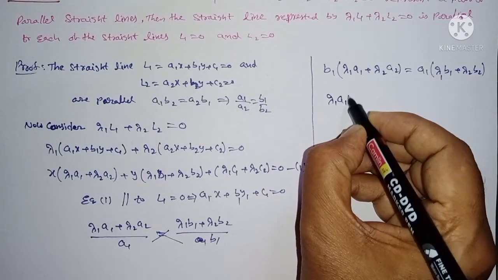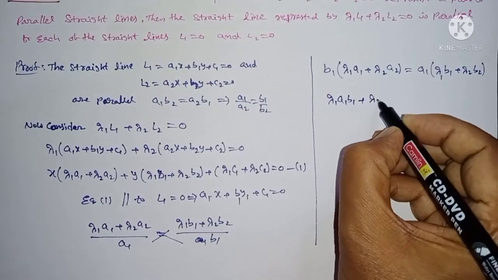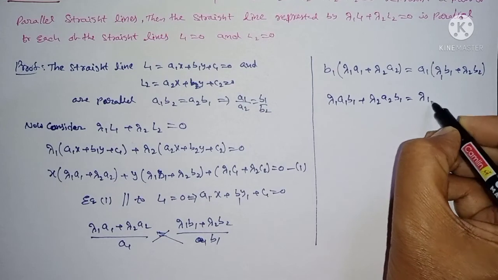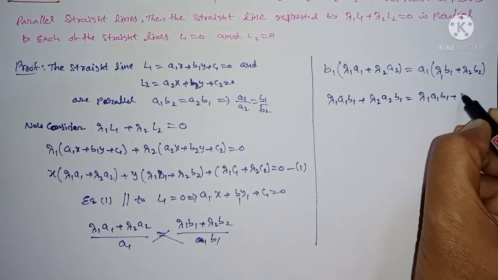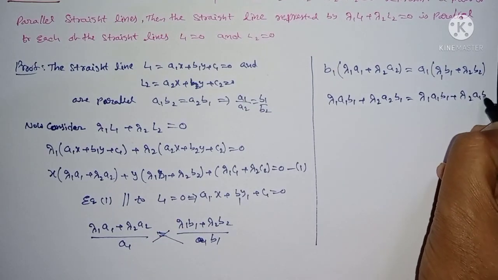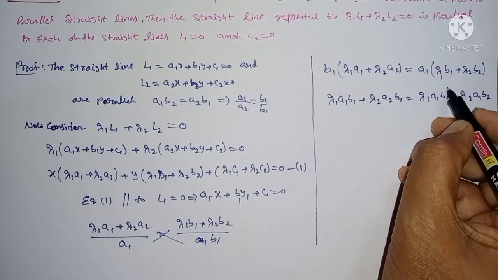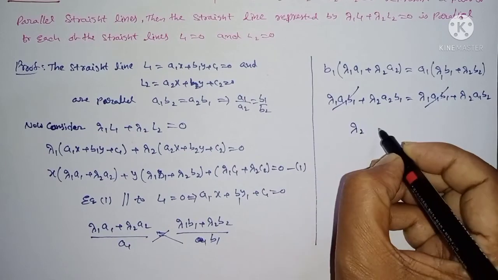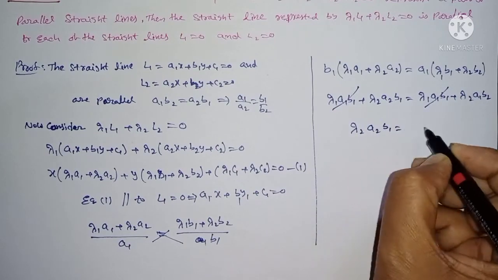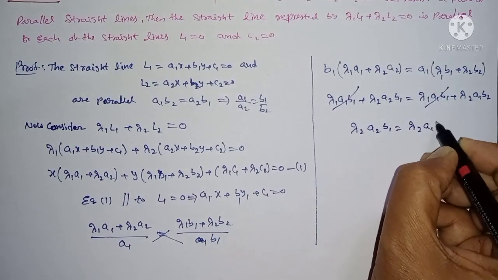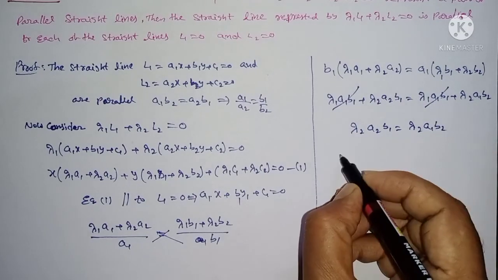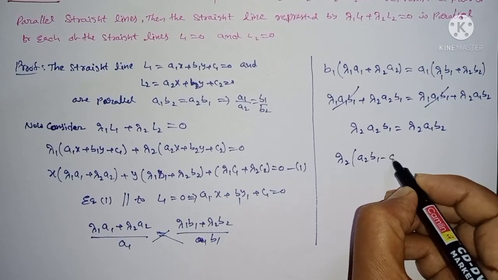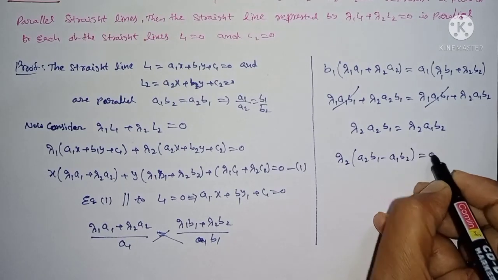So lambda 1 a1 b1 plus lambda 2 a2 b1 is equal to lambda 1 a1 b1 plus lambda 2 a1 b2. Lambda 1 a1 b1 gets cancelled. Lambda 2 a2 b1 is equal to lambda 2 a1 b2, or bringing this to one side, lambda 2 of a2 b1 minus a1 b2 is equal to 0.